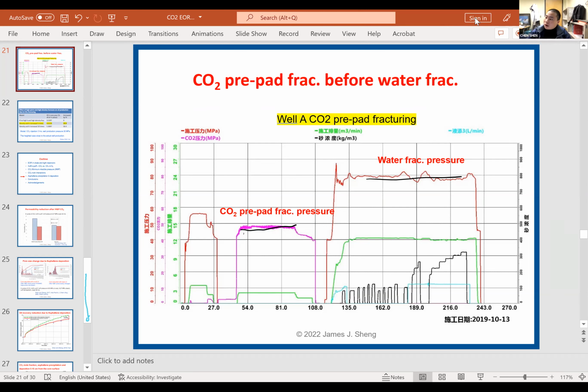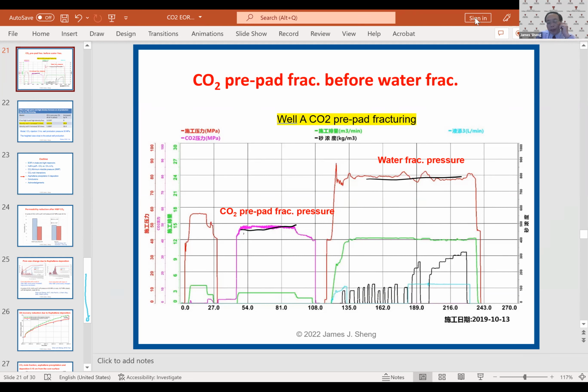Another question is, do we have any cases comparing huff and puff and WAG, water alternating gas injection? Which one has the higher oil recovery efficiency? No, we have not done such an experiment, but we did compare huff and puff with gas flooding.